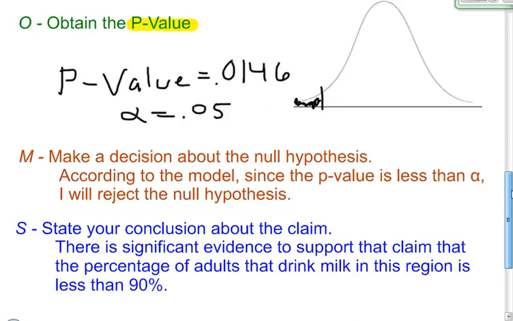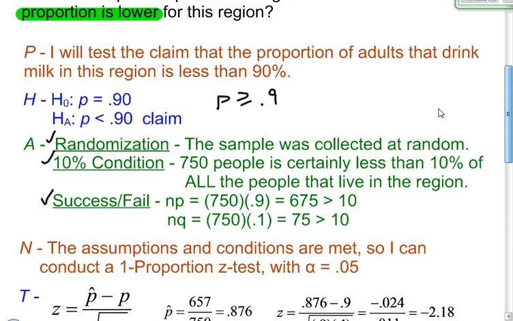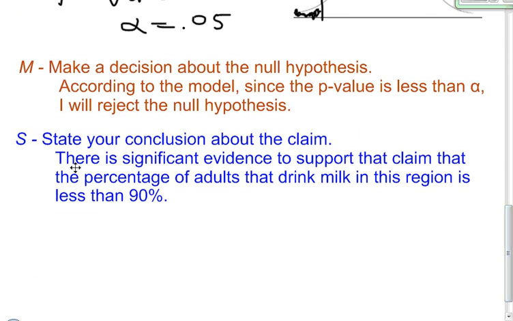Now I want to point out that my very first step, P, which stands for parameter statement, is very similar to S, my conclusion. I will test the claim that the proportion of adults that drink milk in this region is less than 90%. And down here, there is significant evidence to support the claim that the percentage of adults that drink milk in this region is less than 90%.